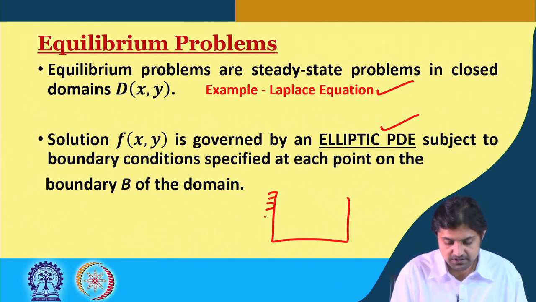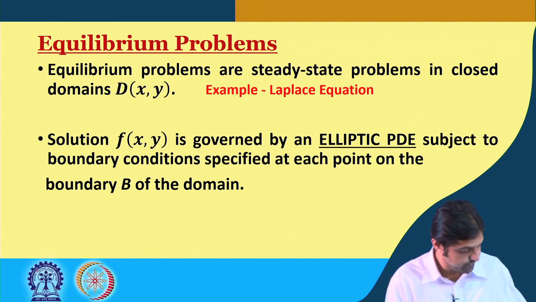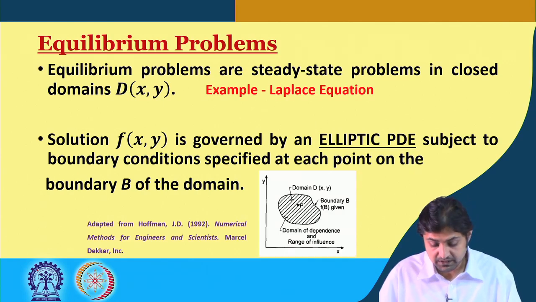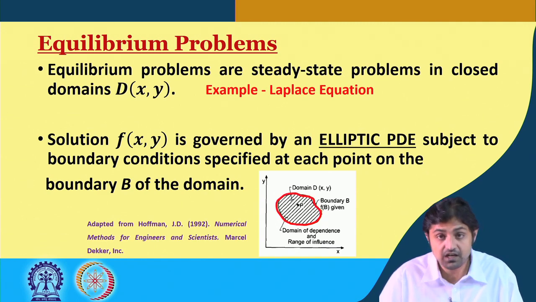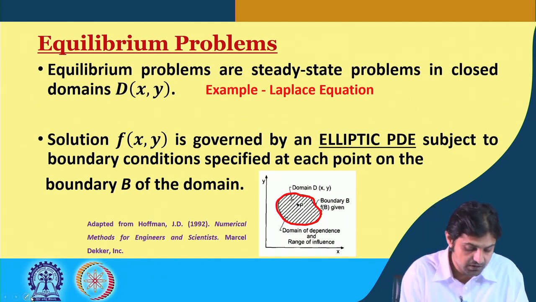So, we have to specify the boundary here also, here also, here also, at all those points. Something like this. If this is the figure, because this is an elliptical PDE, the domain of dependence and range of influence are the same, all the domain, and this is the boundary. So, we should be able to supply the boundary conditions at all the points, which is denoted by B here.